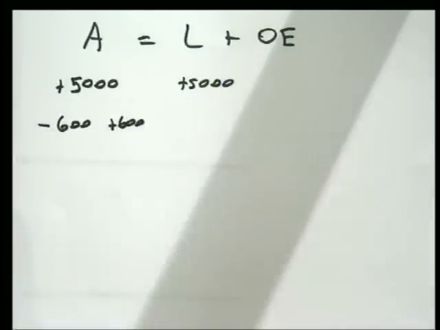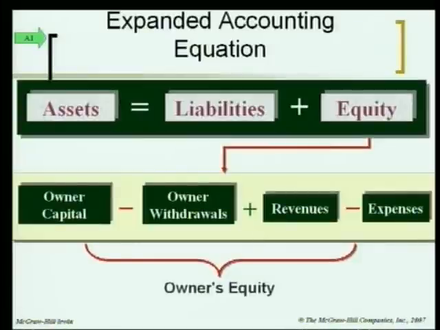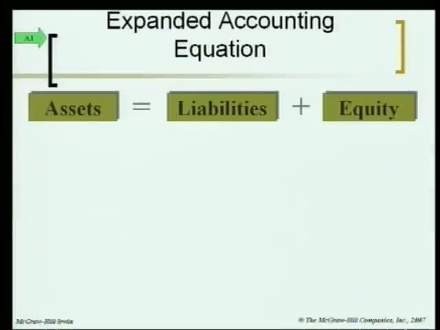Now we're going to look through a number of those transactions here in a moment. But one thing I want to do real quick is go forward in our slides a little bit to the expanded accounting equation. Okay? Now there is the basic accounting equation, right? Per our quiz, we found out the two things that increase equity: investments of assets into the company by the owner and revenues, right?